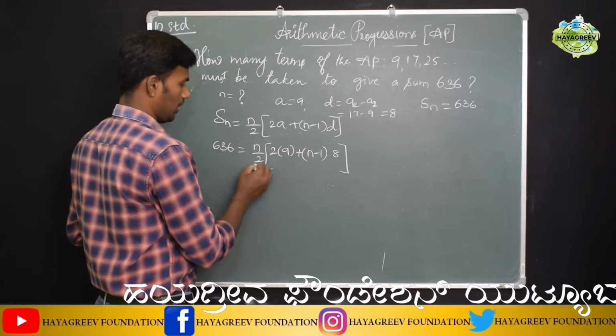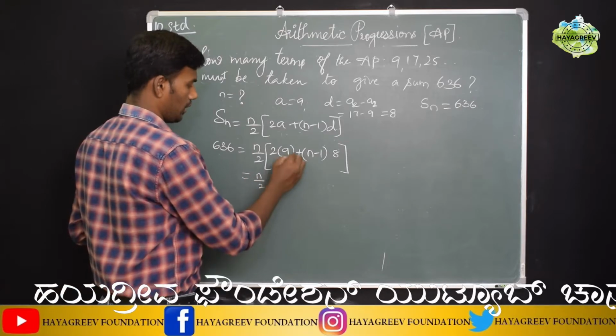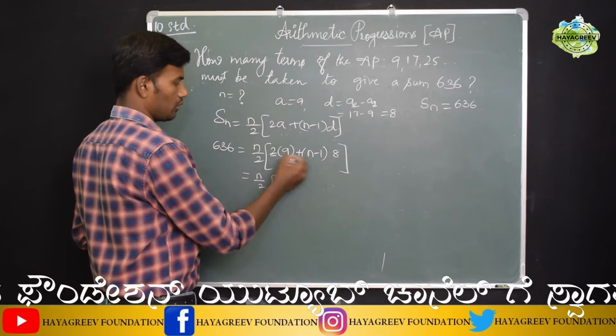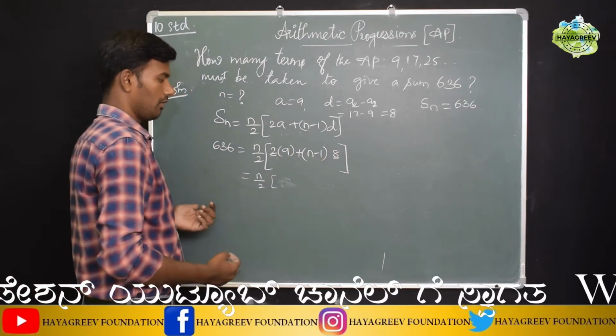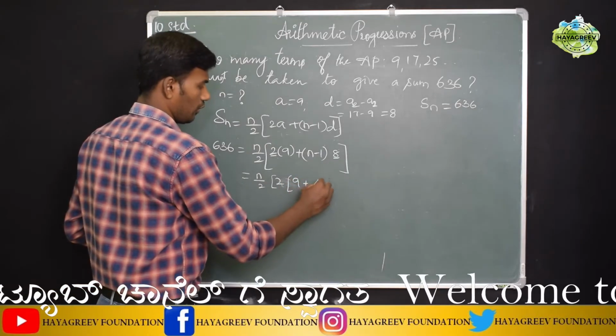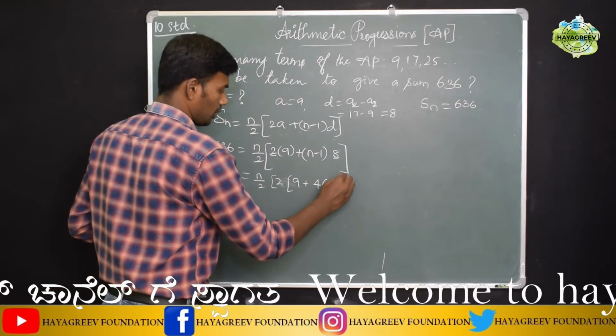Then n by 2 into, 2 nines are 18. So here in this 2 and in this 8 we can take 2 common: 2 into 9 plus 4 into n minus 1.